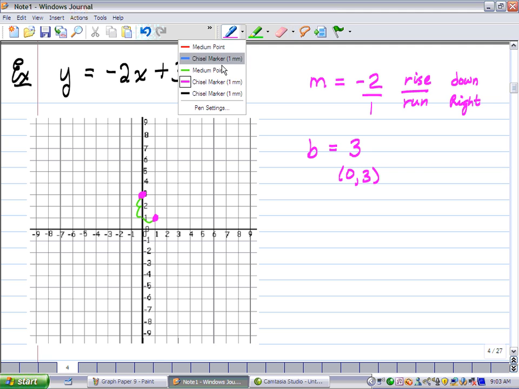And again, if I want to do it again, I can. Don't have to, but I can keep doing it as many times as I want. So I could go down 2 more and to the right 1. And keep doing that over and over.